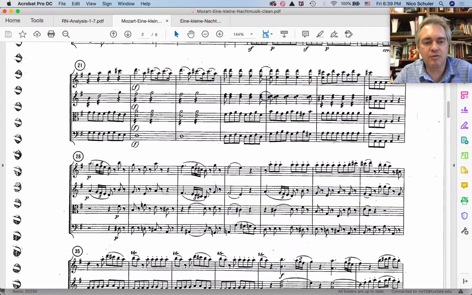So this is outlining a D major triad with some passing tones in between. So we have an A chord resolving to D. But the very first resolution took place here from C sharp diminished in first inversion to D.